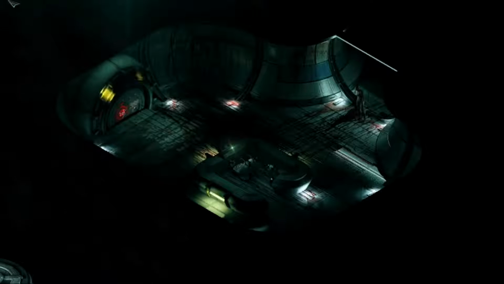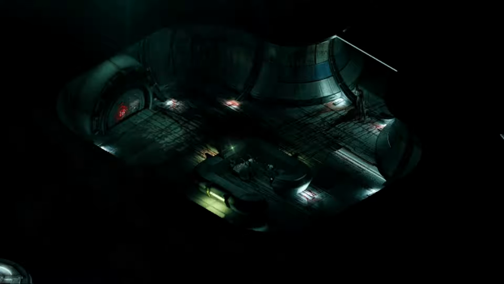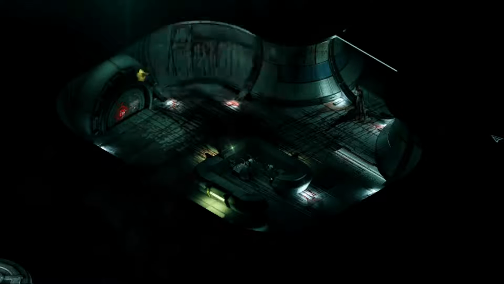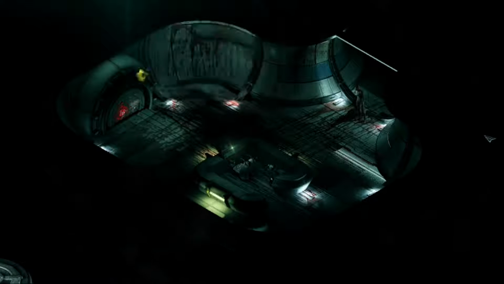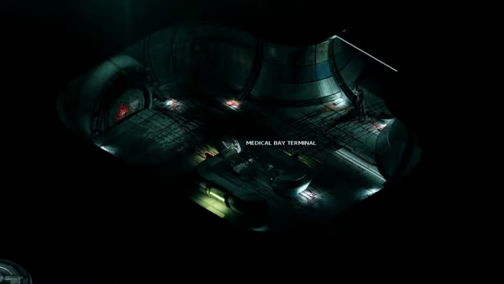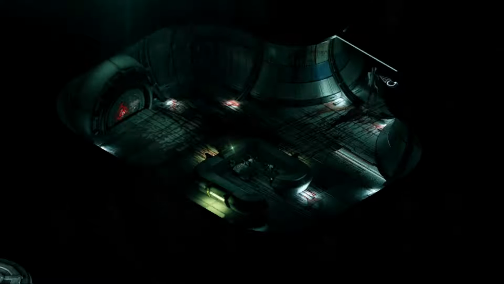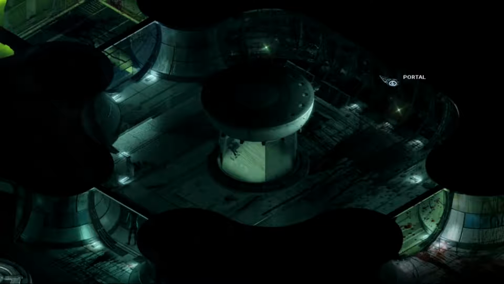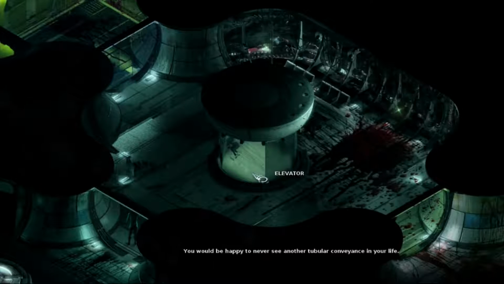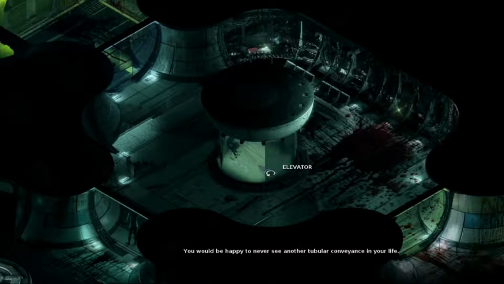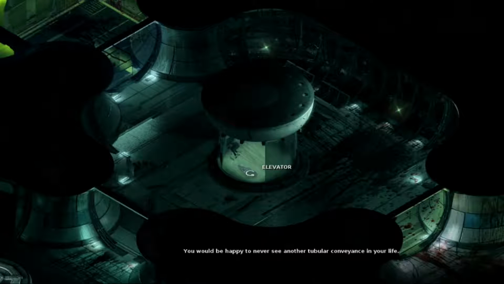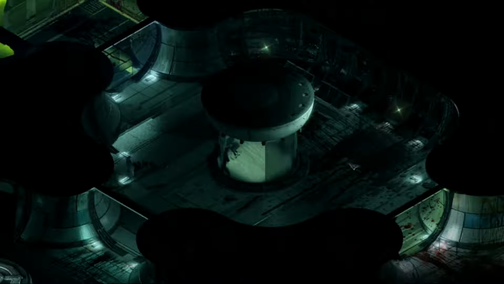So we couldn't go to the elevator before because we had the PDT installed in our spine. So now that we removed it with the surgery, we should be good to go. Let's go then.